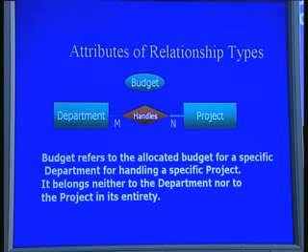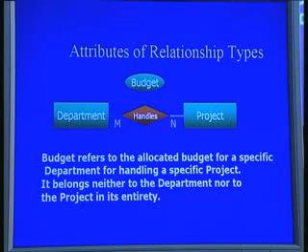And project totally participates in this relationship, and then an attribute called budget is placed for this relationship. So what does this mean? It basically means that the budget specified here is allocated for this project associated with this department, or is specifically allocated for this relationship type.